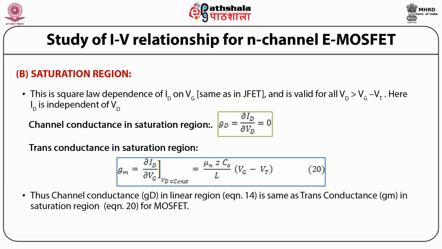Thus, the channel conductance Gd in the linear region, that is equation 14, is the same as the transconductance Gm in the saturation region given by the above equation for MOSFET.